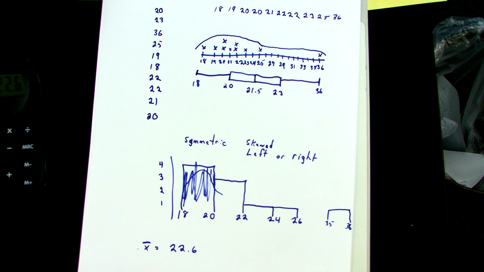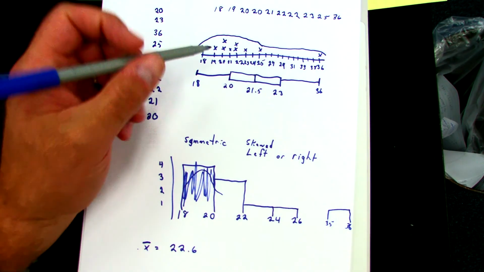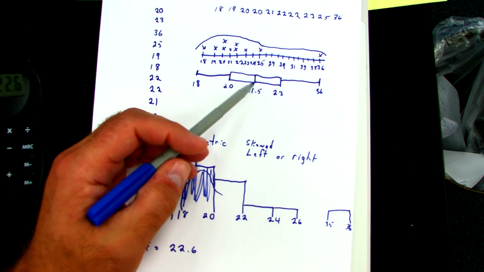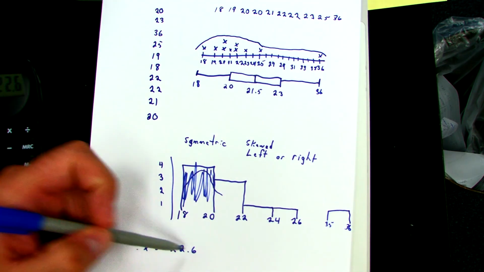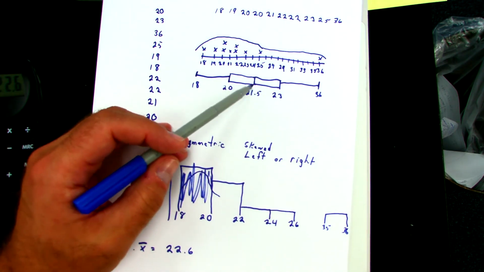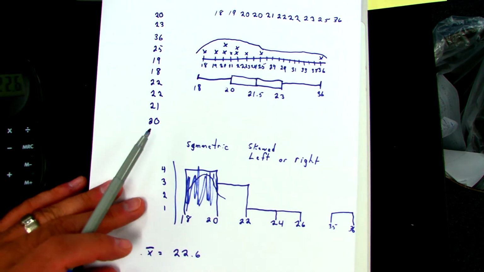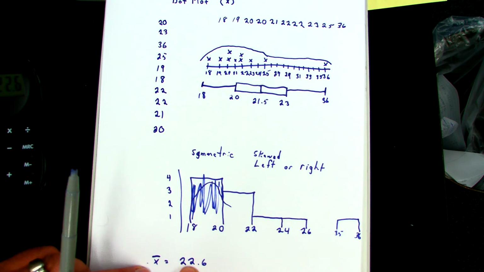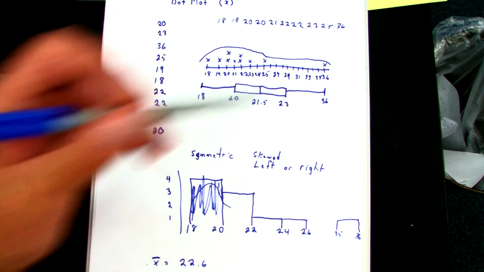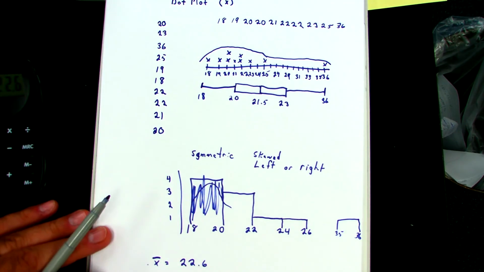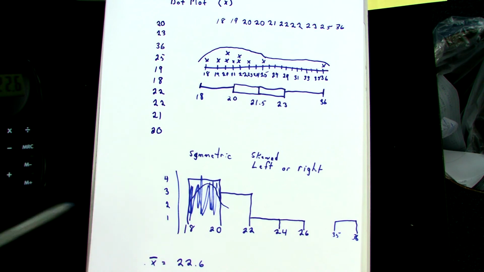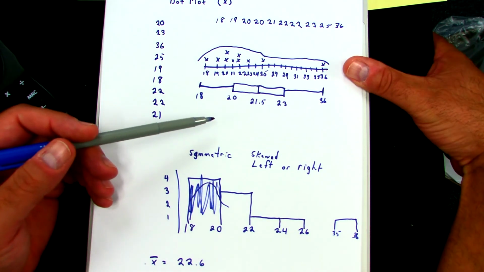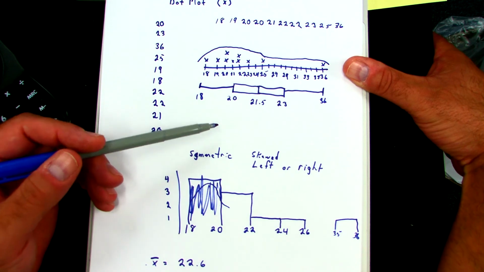Okay. Now, which measurement is going to be more appropriate? The mean, which is 22.6, or the median of 21.5? That's what 8.2 was. So not only did we find the mean, which was pretty easy, you add them all up and divide by the number there was, which was 10, but then deciding which measurement represents the best measure of central tendency.